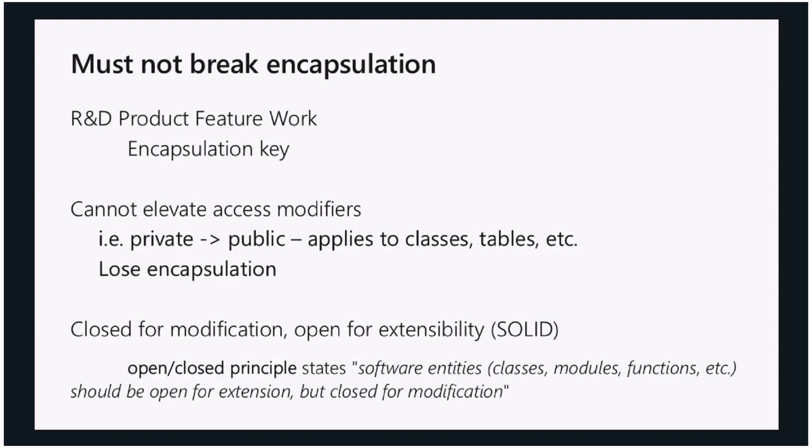So in general, we cannot elevate access modifiers, such as bumping things from private to public, otherwise we would lose that encapsulation. And again, we believe in this principle that our classes, our objects, our system should be closed for modification, but open for extensibility, as per good object-oriented design practices.